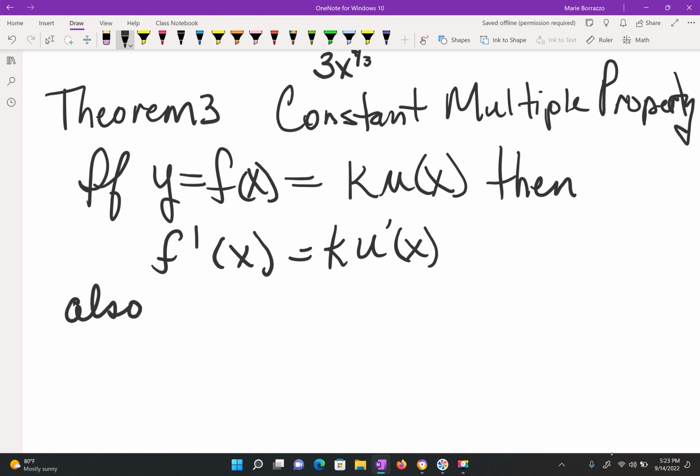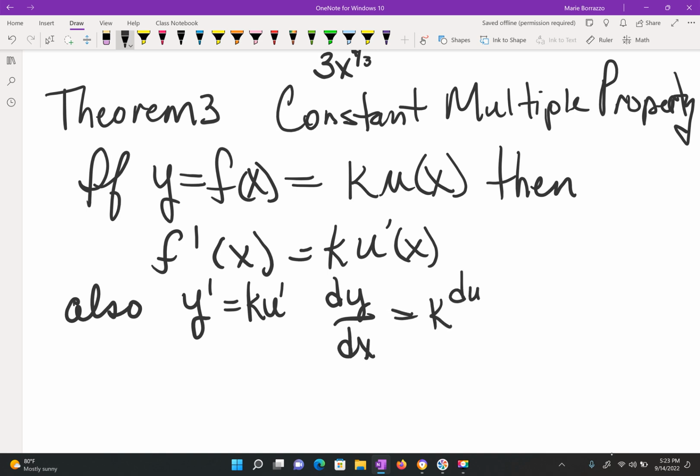If we're referring to this as y prime, we would say y prime is equal to k times u prime. Or if we're talking about dy over dx, this is equal to the constant times du over dx.